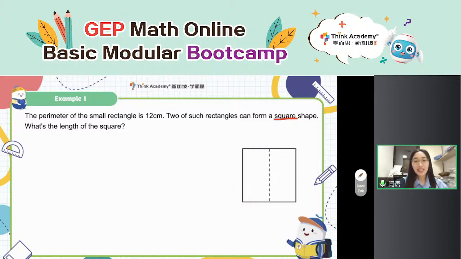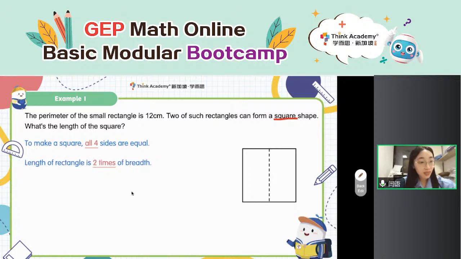So following this, let's write down the equation. To make a square, all four sides are equal, so we can get length of rectangle is 2 times breadth. Then following this, what about the perimeter? If I just set the breadth as 1 unit, what is the length of the rectangle?